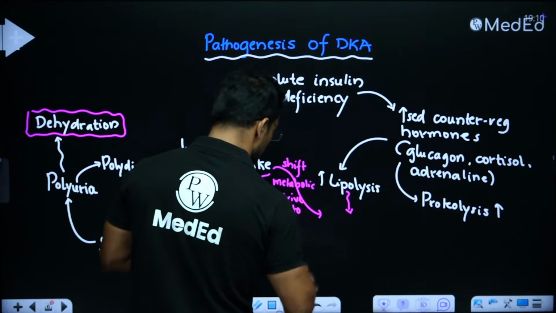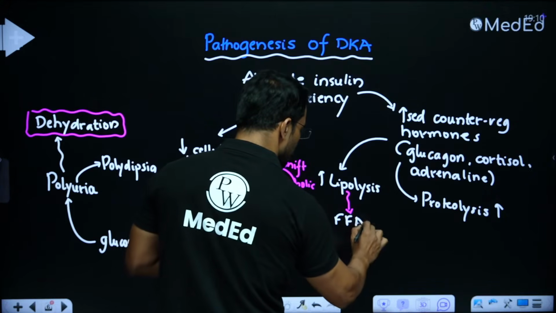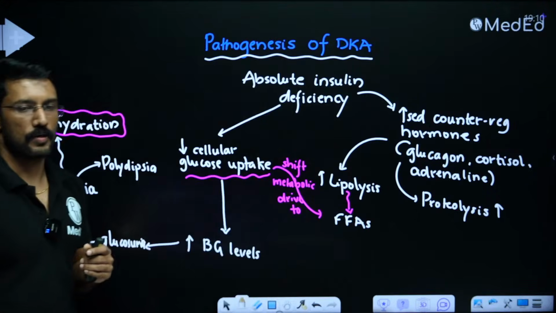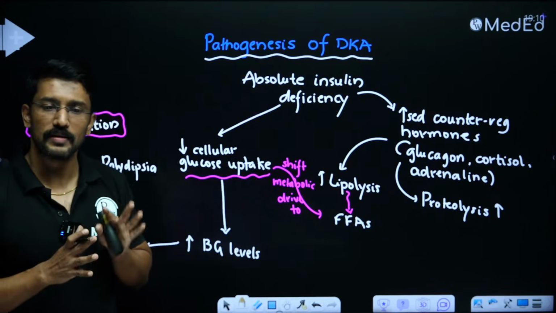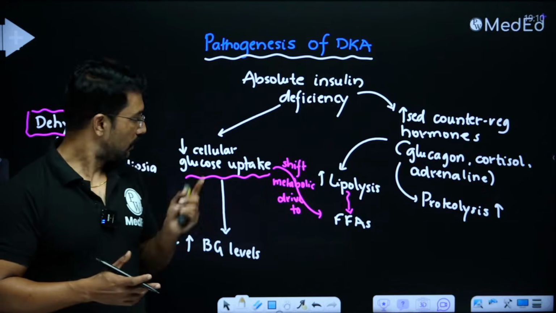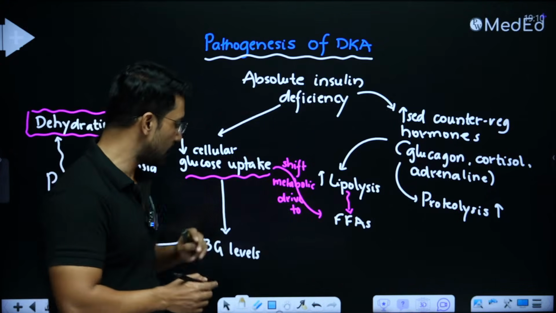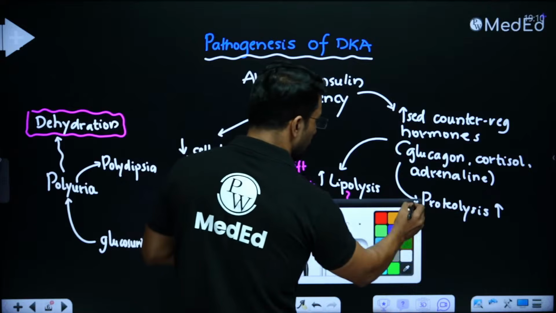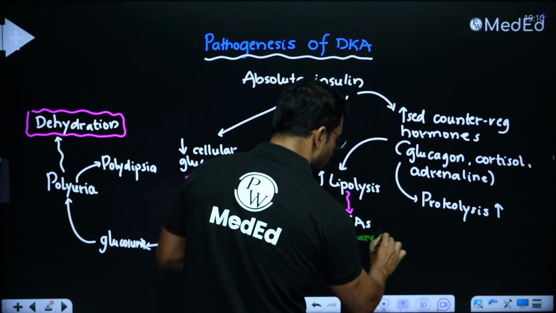From lipolysis we get free fatty acids, and free fatty acids now become the primary source of energy. Because in normal condition, what is the primary source of energy for cells? It is glucose, right? But here, because cells are not able to use the glucose, now free fatty acids become the primary energy source for the cells.